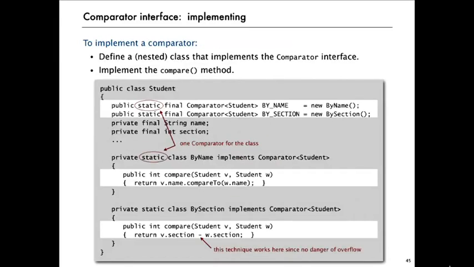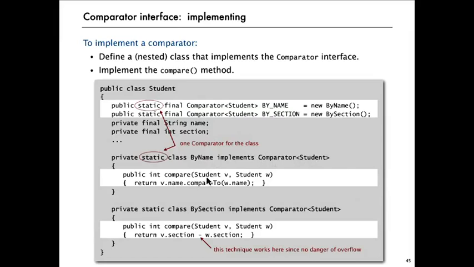To implement a comparator, you can use this code as a model. I won't go through it all in detail, just to point out that this implements two different comparators as nested classes. Say, for this fictional class Student that's got two instance variables, name and section. The first one, called ByName, implements a comparator for students.